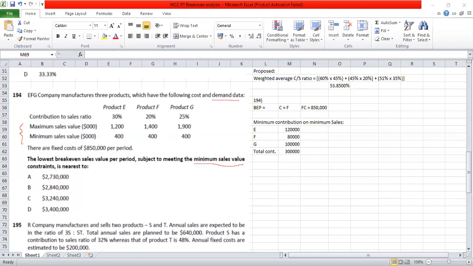So if they cannot arrive at the break-even point, now they have to decide on what is the lowest break-even point which has to be achieved.